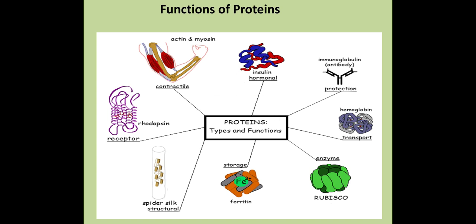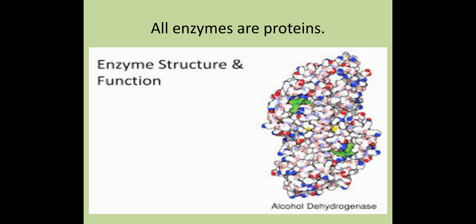Functions of proteins. Protein is necessary for all living organisms and they occupy a central position in the architecture and functioning of living matter. All enzymes are proteins. These enzymes catalyze the biochemical reactions in our body.